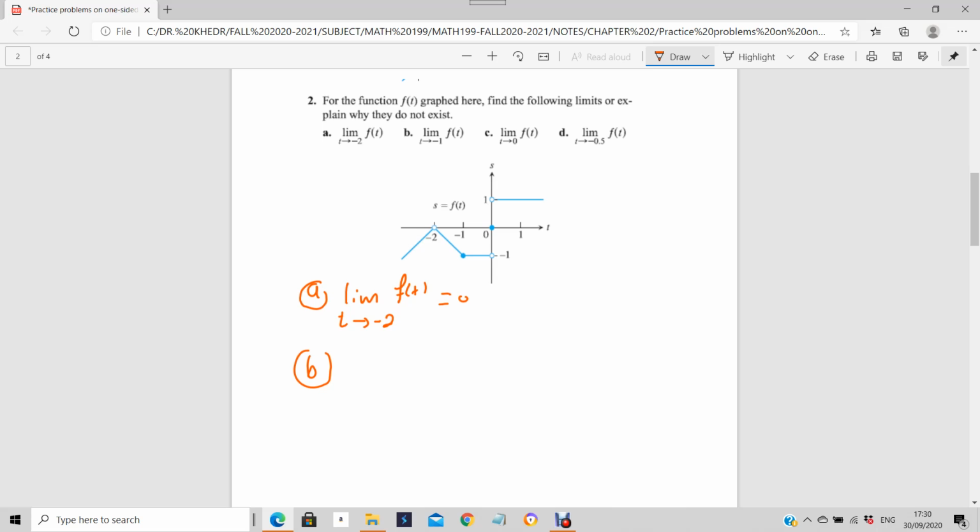And for B, lim f of t as t goes to -1 is equivalent to -1, because the left side limit is -1 and the right side limit is -1. For C, lim f of t as t goes to 0 does not exist. Why?